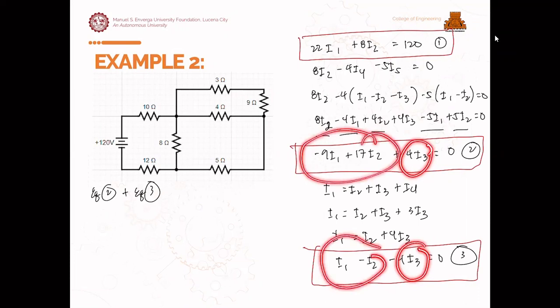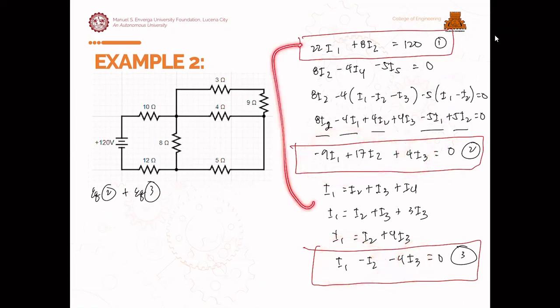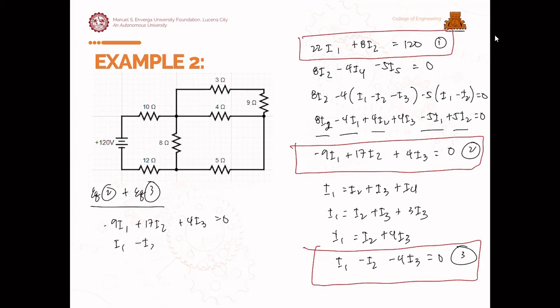Yung makukuha natin answer doon, itutuloy natin dito sa equation 1 natin. Okay? So 2 and 3, so negative 9I1 plus 17I2 plus 4I3 is equals to 0. And I1 minus I2 minus 4I3 is equals to 0. Add natin.